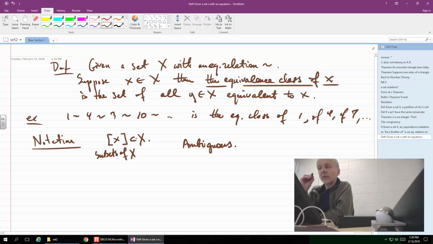However, the representation, the notation that specifies it, is ambiguous because you can specify different ones. Just as the previous example shows that the equivalence class of 1 is the same as the equivalence class of 4 or the equivalence class of 7 and so on. So that's the ambiguity which we have to deal with.